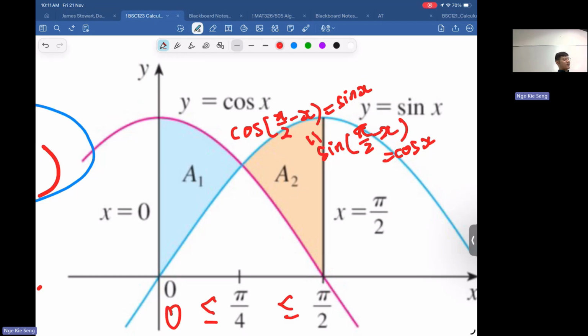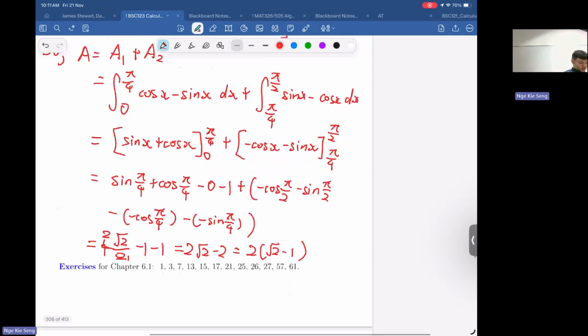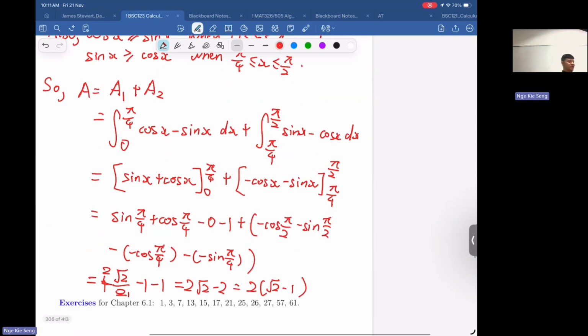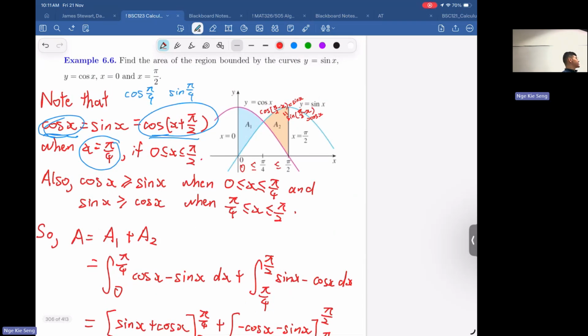Yeah, you write it out and then send me. Let me check. He wants to use symmetry, so let's try to see whether we can use symmetry. Okay, good. You can take a photo and send it to me. Okay, right.